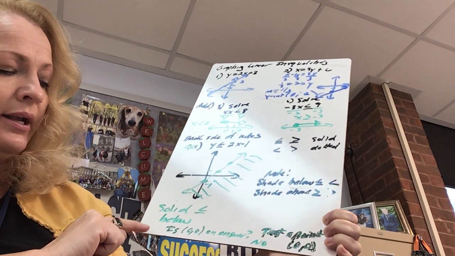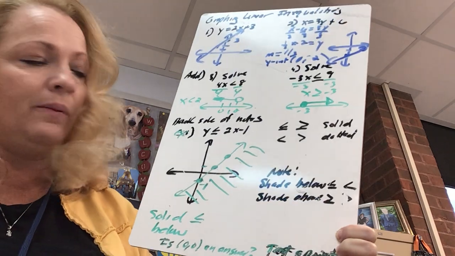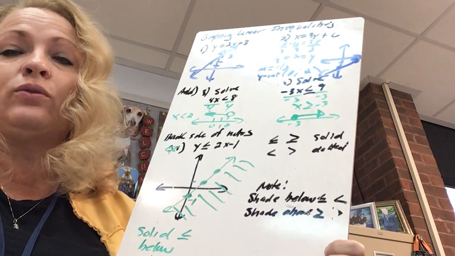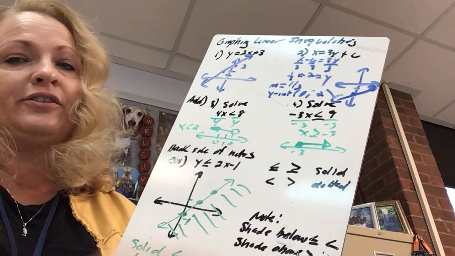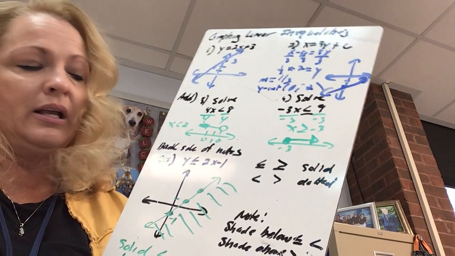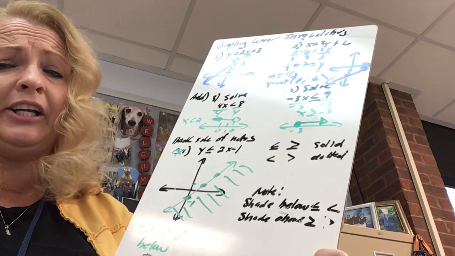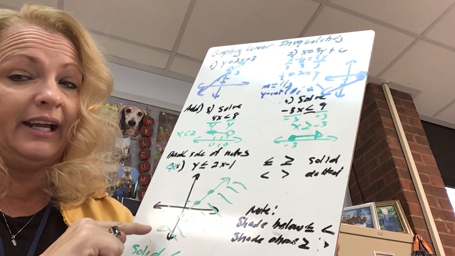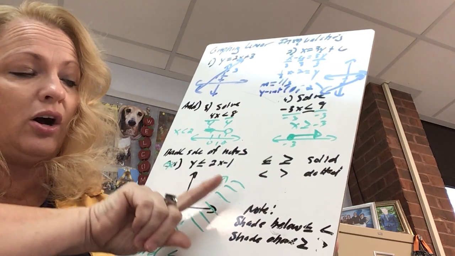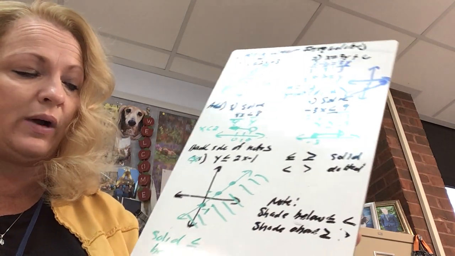Less than, I would shade below. Now, we know that when we graph a linear equation, all the points on the line are answers to that equation. Well, when we have a linear inequality and it's less than or equal to, all the points of the line are answers, but all the points below are answers as well.